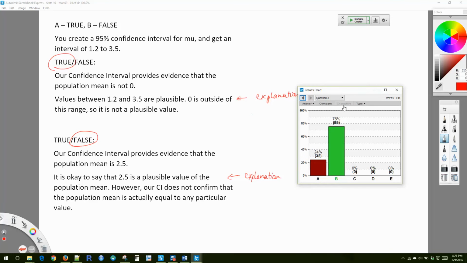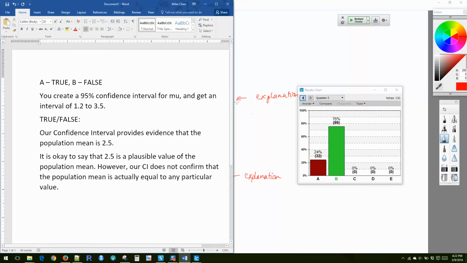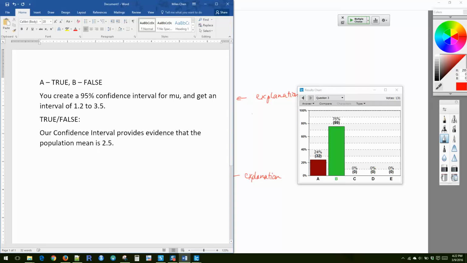Okay, so we'll go back, and so let me just go back to that statement. Okay, so that one said our confidence interval provides evidence that the population mean is not 0, and we said this is true.